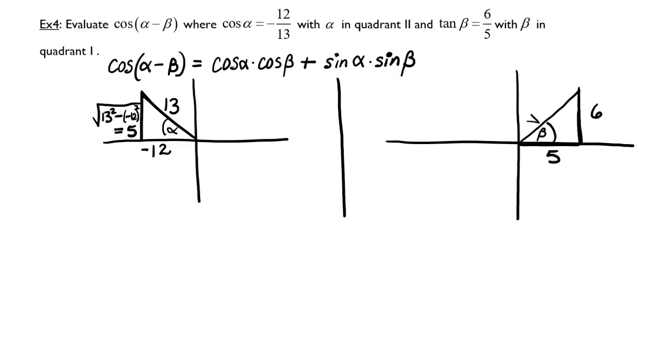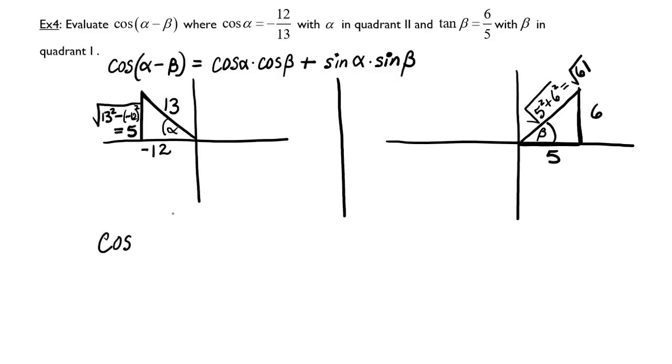We can find the hypotenuse by taking the square root of 5 squared plus 6 squared, which gives me a hypotenuse of the square root of 61. That doesn't come out very nice, does it? It's okay, we'll still make it work.